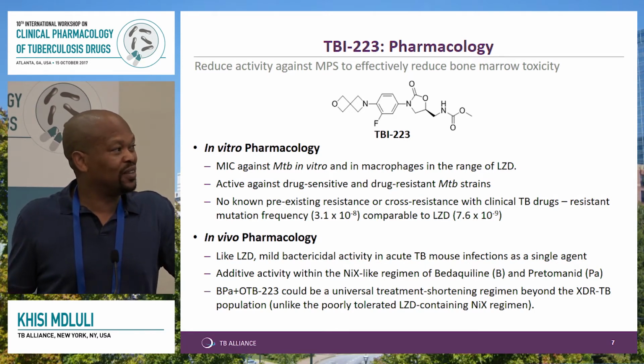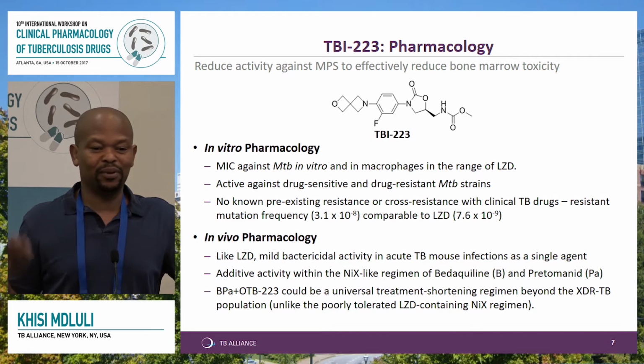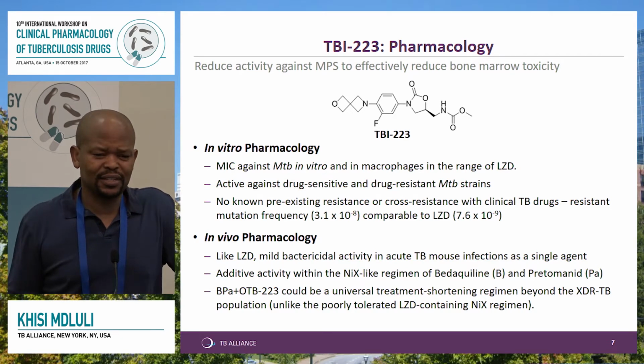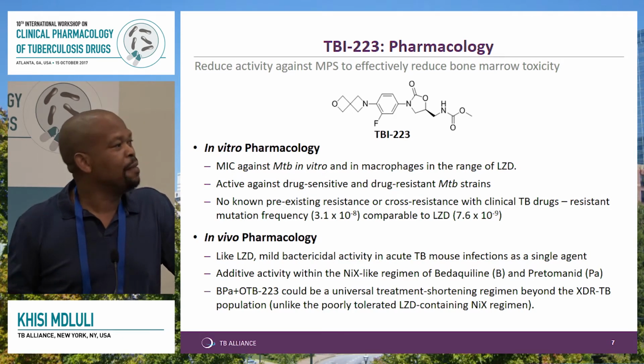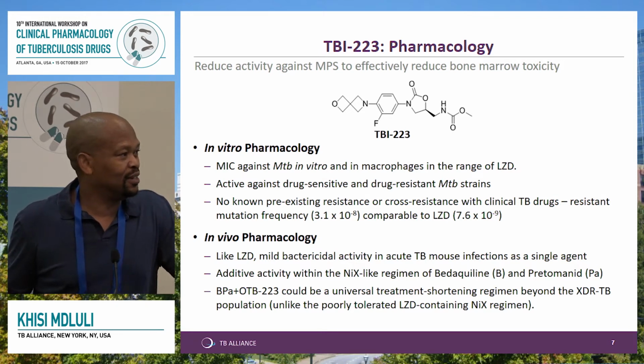It's called TBI-223. Briefly, the pharmacology looks like this. Its MICs are similar to those of linezolid against tuberculosis, both in vitro and in macrophages. It is active against both drug-sensitive and drug-resistant strains, obviously, just like linezolid, because there's no pre-existing resistance against TB for oxazolinones. It has no known pre-existing resistance, and the frequency of mutation is reasonable and similar to that of linezolid.